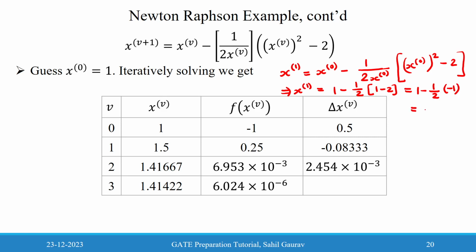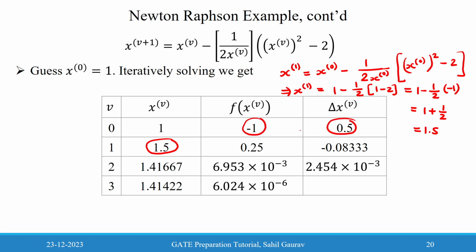So 1 plus 1 divided by 2, it is coming as 1.5. So x1 is coming as 1.5. Here f(xv) is minus 1 and delta xv is 0.5.